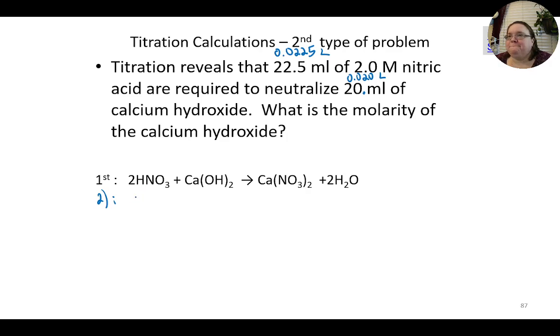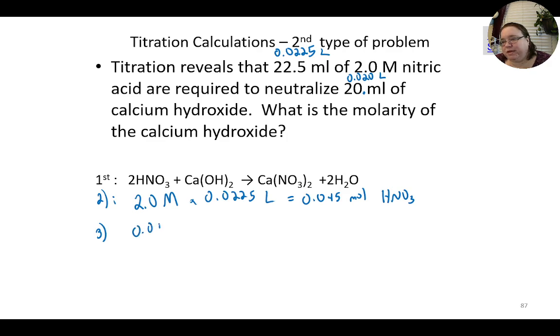So molarity times volume will give me moles. 2.0 molar times 0.0225 liters will give me my moles. I have 0.045 moles of nitric acid, HNO3. Now that I know my moles of nitric acid, I can find the moles of my base.